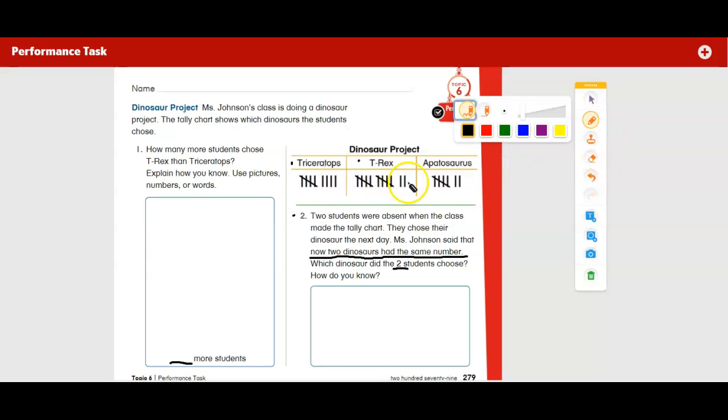What if you took and added the 2 votes to T-Rex? Do any of these votes match? And what if the 2 votes were added to Apatosaurus? Do any of the votes match?